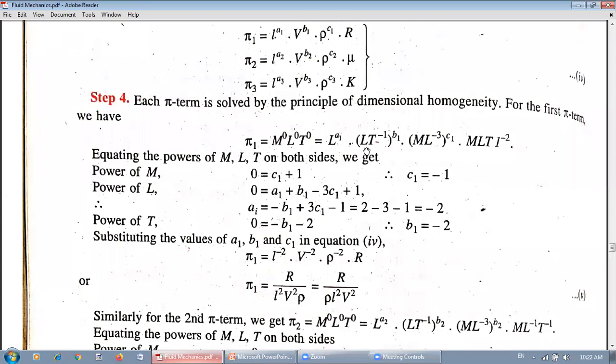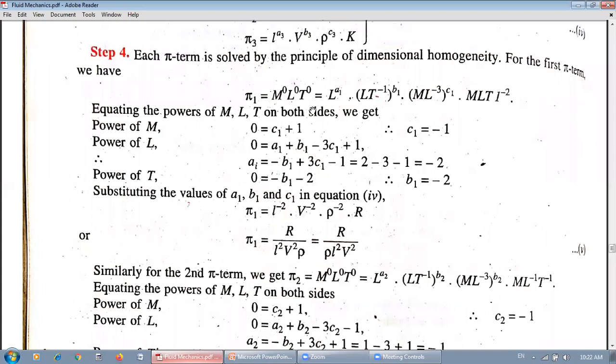Okay, once we write the dimensions of each variable, now equating the powers of M, L, T on both sides. You have to equate the powers of M, L, T. So the power of M on the left hand side is 0, so it equals 0. Now M is not present over here.